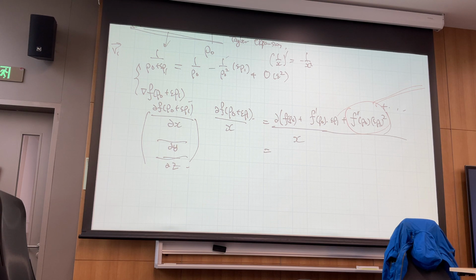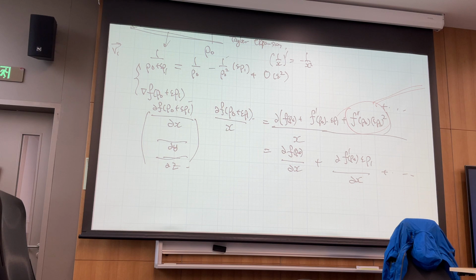What is partial f of rho 0 over partial x? The first term is partial f rho 0 over partial x, and then plus partial of f prime rho 0 epsilon rho 1 over partial x, plus the higher order terms. What is the first term?